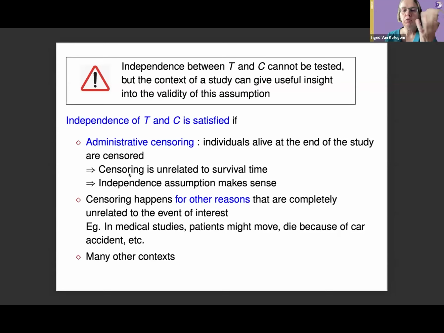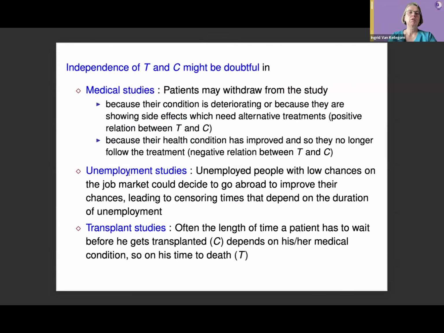Yeah? There are also many other cases in which independent censoring does make sense, but there are also situations in which independence between T and C is doubtful. And here are a few examples. So let's look at the first example, again, coming from medicine. You might have patients who decide to withdraw from a study for reasons that are related to their survival time.